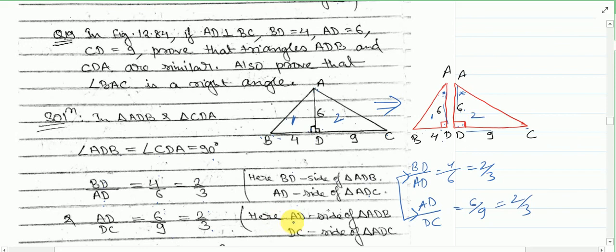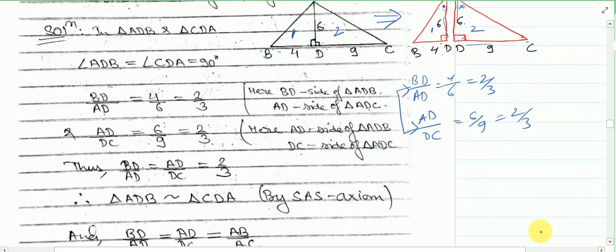So here AD is side of first triangle and DC is of second triangle. So we saw that these sides are proportional. So therefore these two triangles are similar by side angle side axiom.